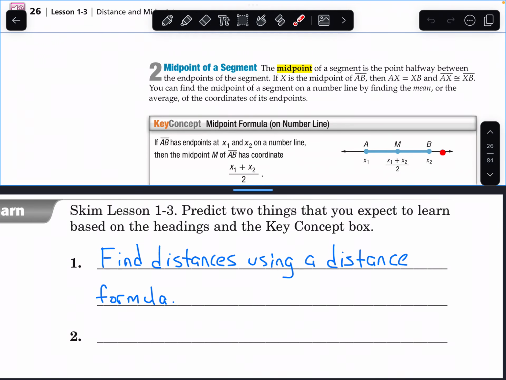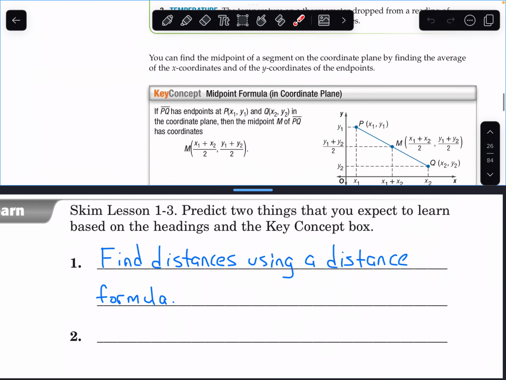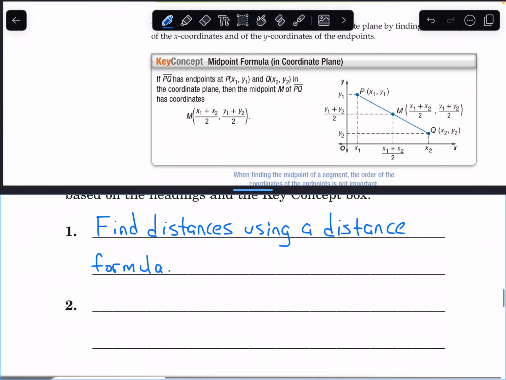Midpoint of a segment, midpoint formula on a number line again, and midpoint formula on a coordinate plane. Okay, so same kind of deal.